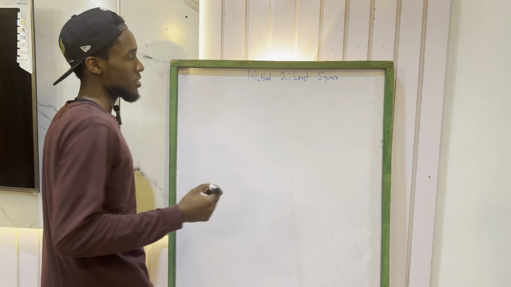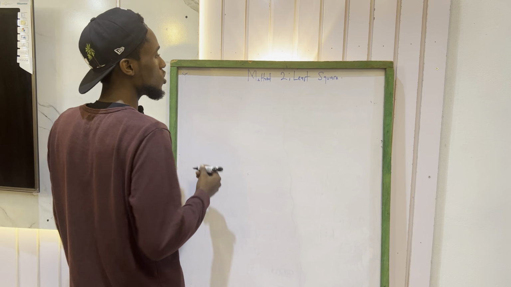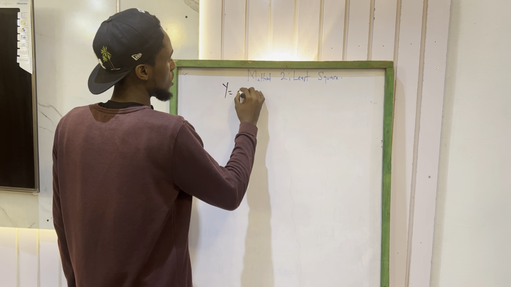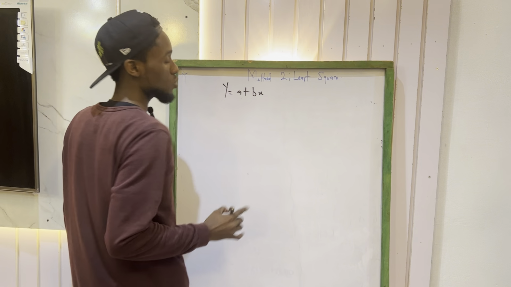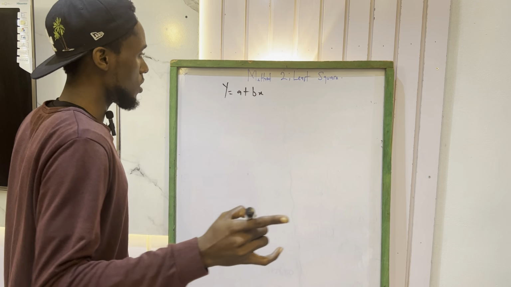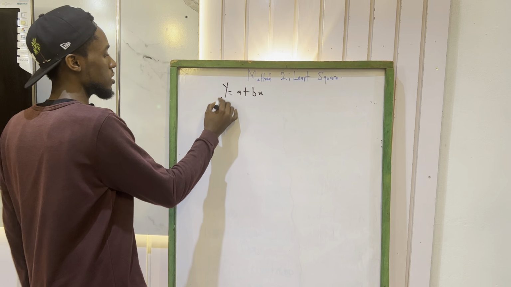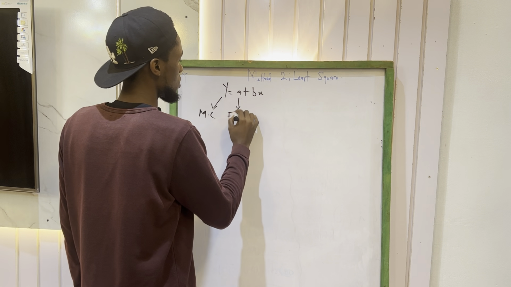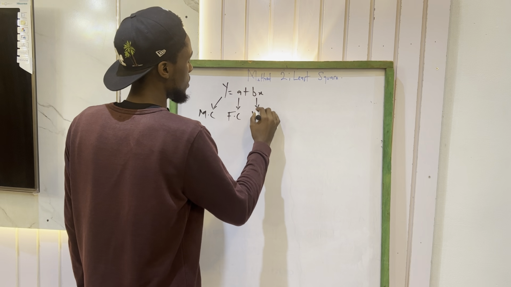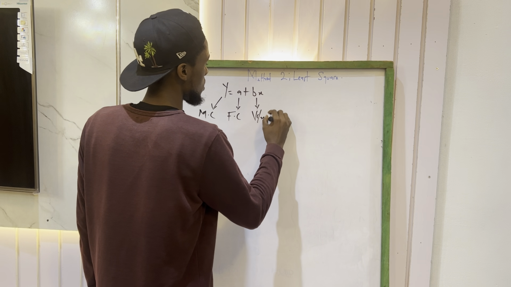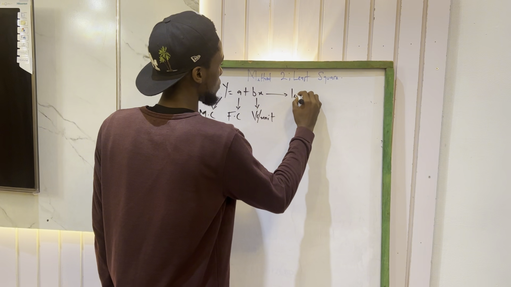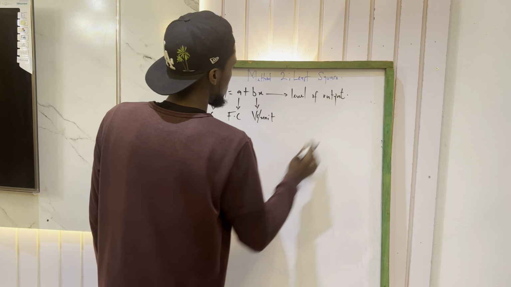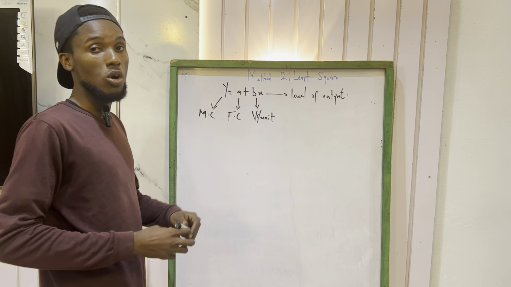Okay, so the expression therein is y is equal to a plus bx, as we saw in range method, where this is our mixed cost, this is our fixed cost, this is our fixed cost per unit, and this is our what? Level of output.